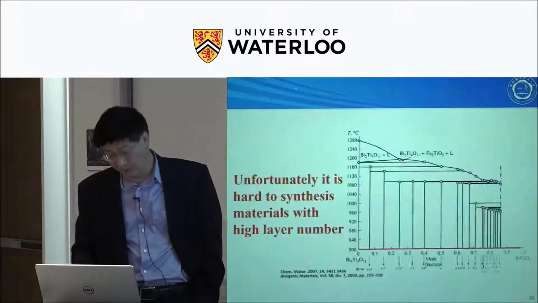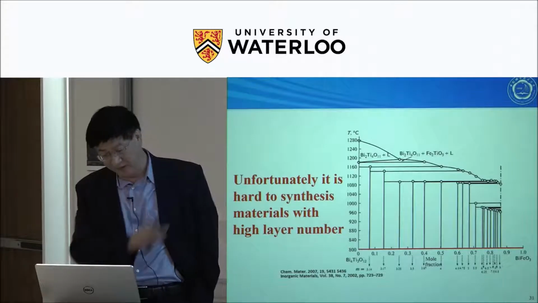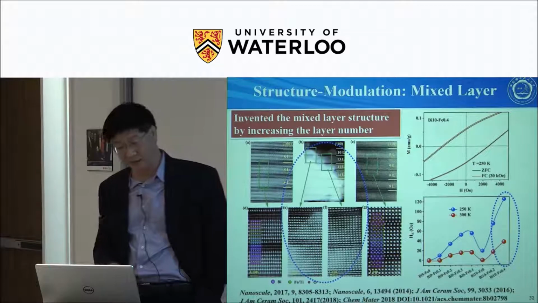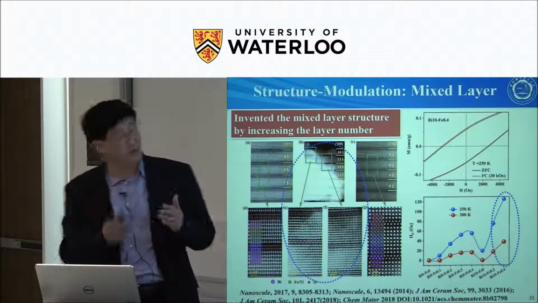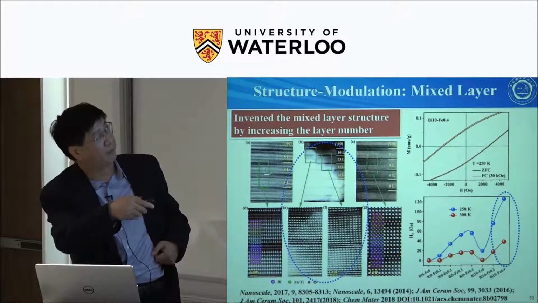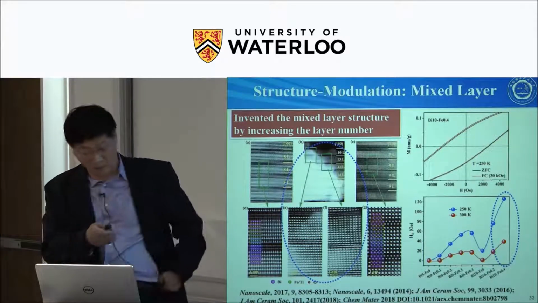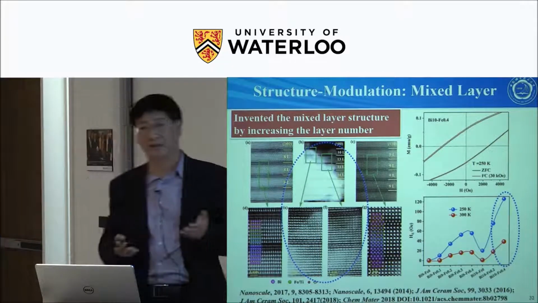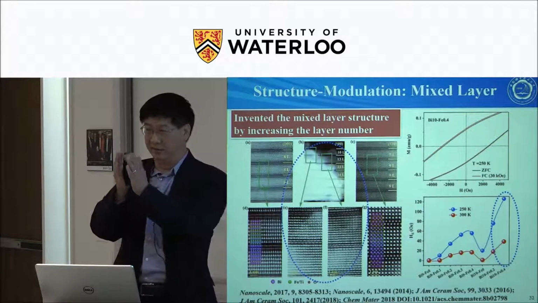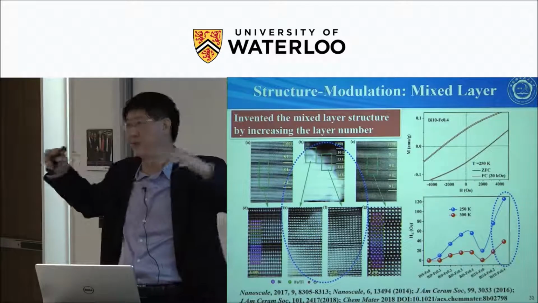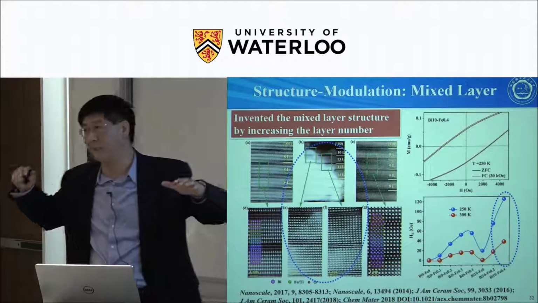So what we really did, okay, this is dynamics. We found another way. We used the instabilities of the structure. We make the material, for example, 4 layer and 5 layer structurally coexistent with each other. They stay together, okay?